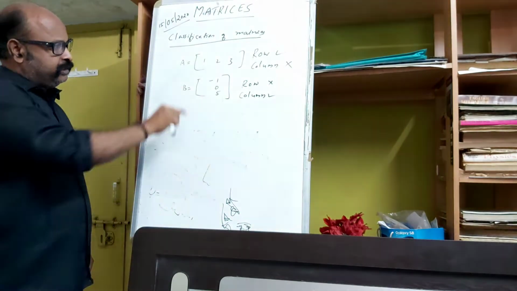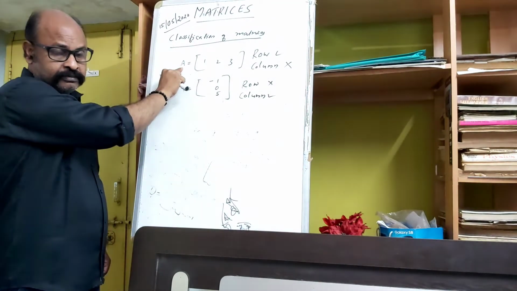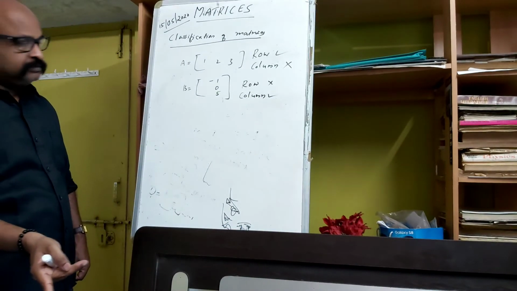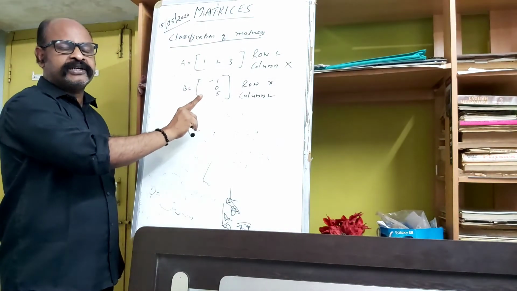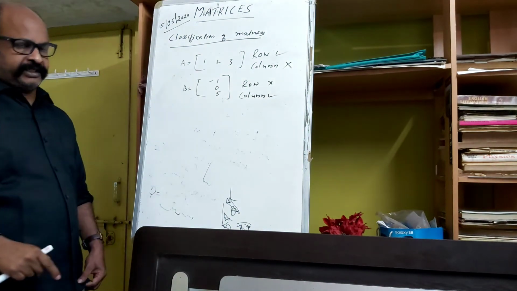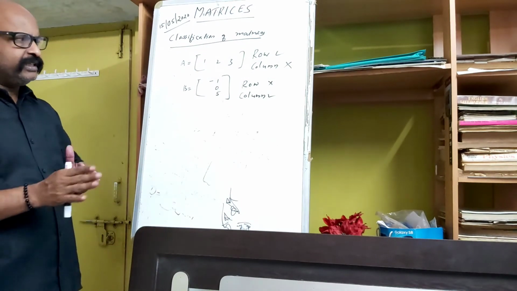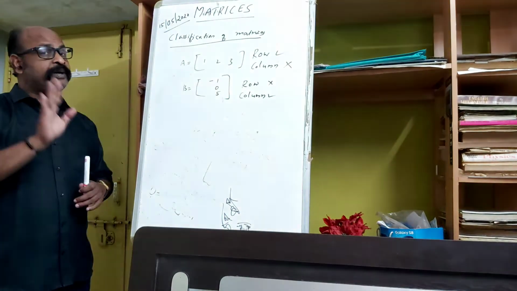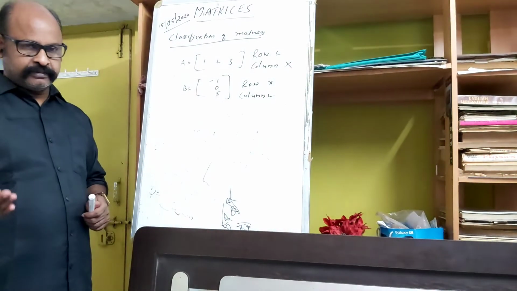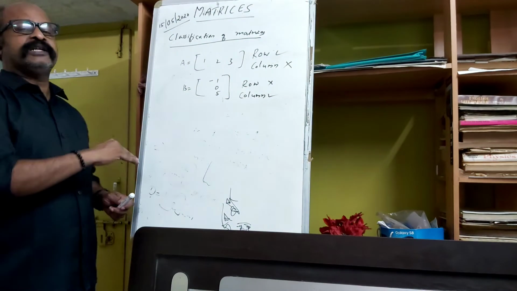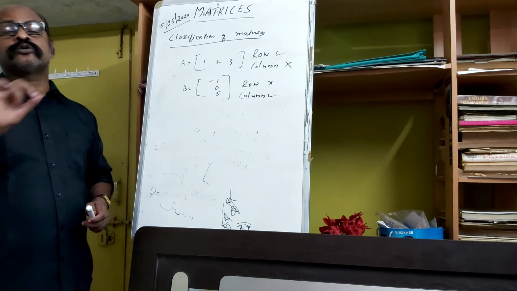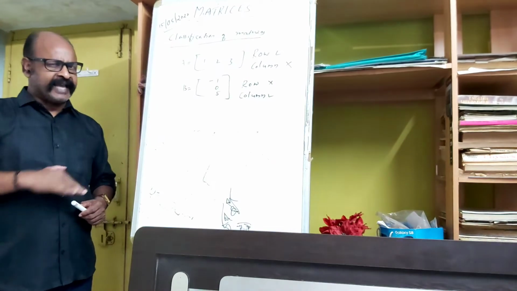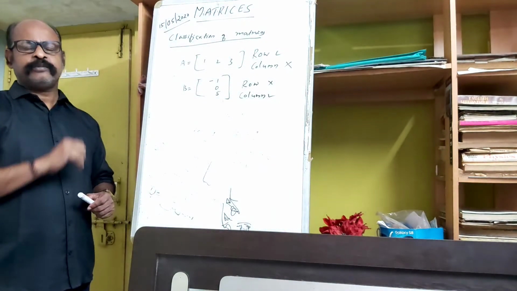So what does it mean? According to example 1, a row matrix, not a column matrix. According to example 2, a column matrix, but not a row matrix. The meaning is, we have seen that a row matrix is not a column matrix, and a column matrix is not a row matrix. Now my question is, can we generalize this statement?